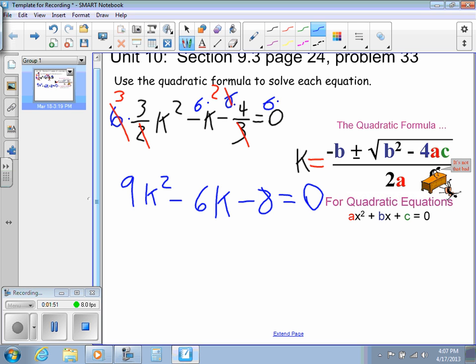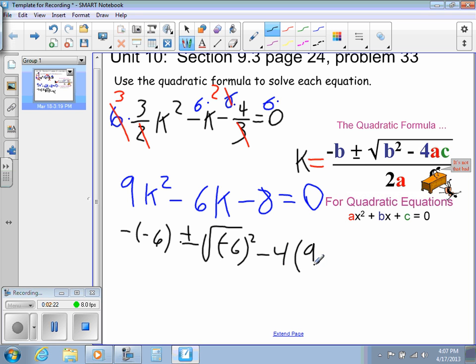So let's see here. My b is negative 6, so negative b, and let me change colors here. Negative 6, which of course will be positive 6, but we'll deal with that in a minute. Plus or minus the square root of, okay, b squared, so negative 6 squared, minus 4 times my a is 9, and c is negative 8.